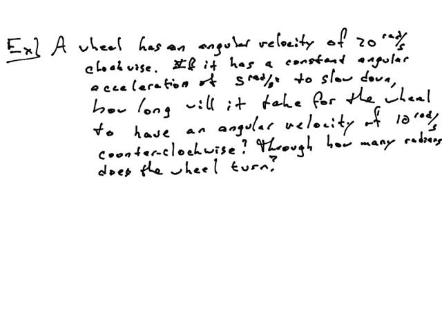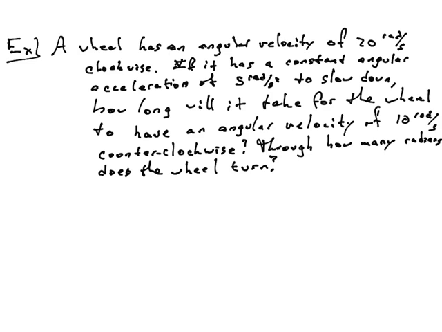Okay. So, again, let's start with writing down what we know. The wheel has an initial angular velocity of 20 clockwise. Now, I'm going to have to choose which direction I want positive and which negative. It's up to me. It doesn't matter which I choose as the positive direction.